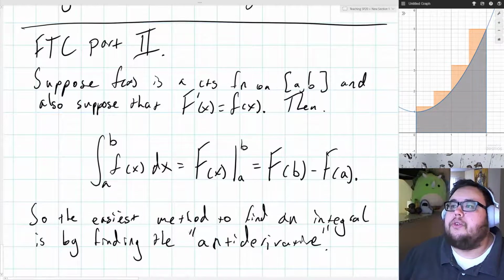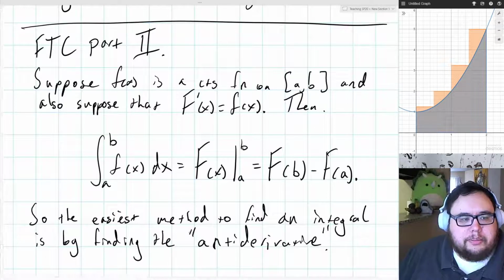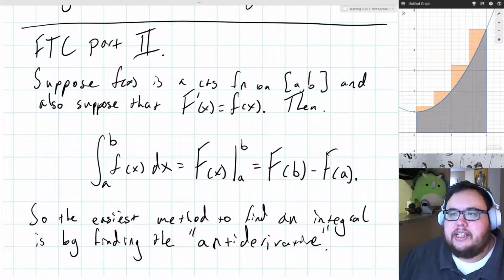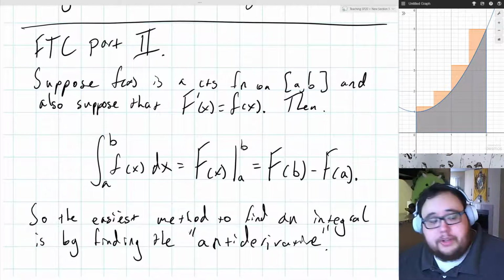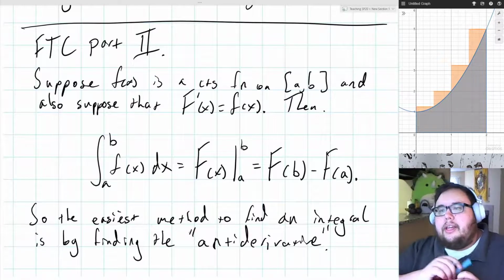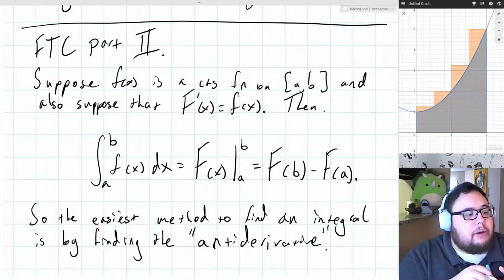That is to reverse the derivative process. Okay. Unfortunately, this isn't quite as easy as it sounds. Reversing derivatives is a lot harder than finding derivatives in the first place. In fact, it's just a more difficult problem.